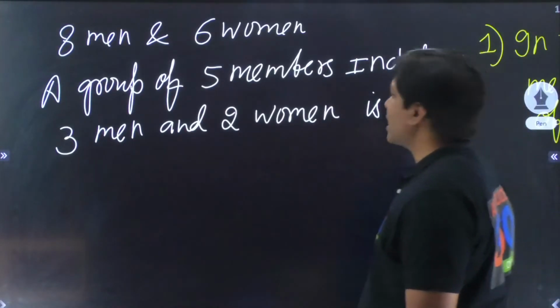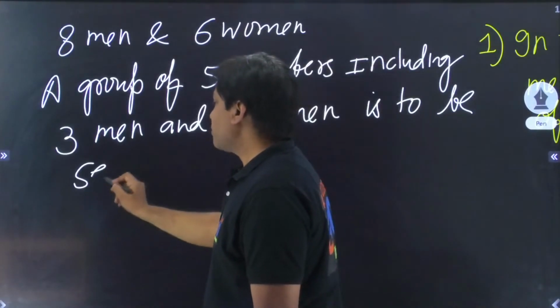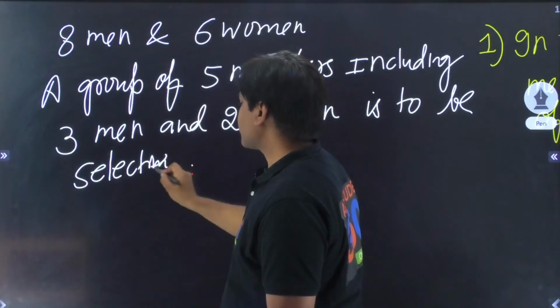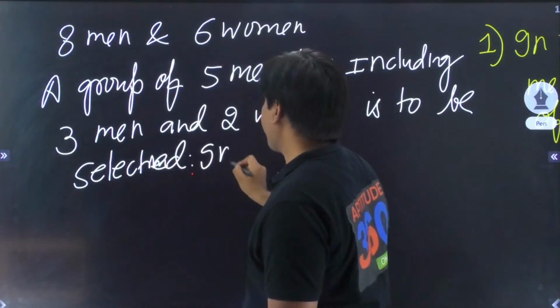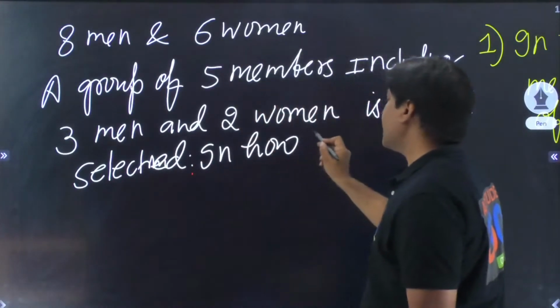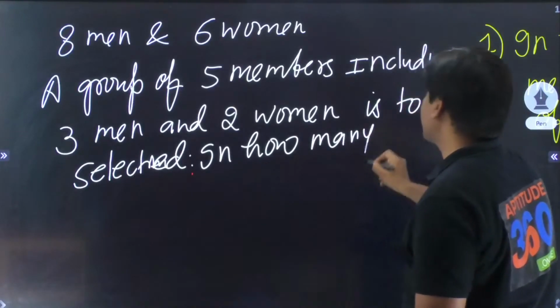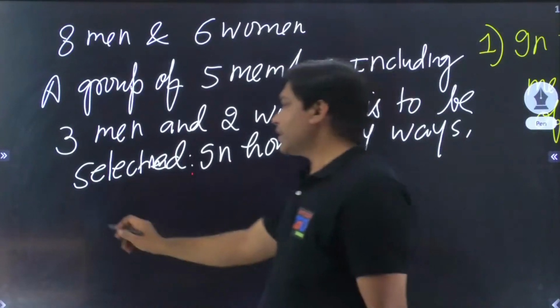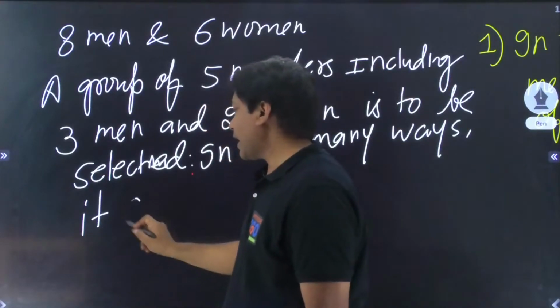In how many ways can it be done? बता दो भाई आंसर.